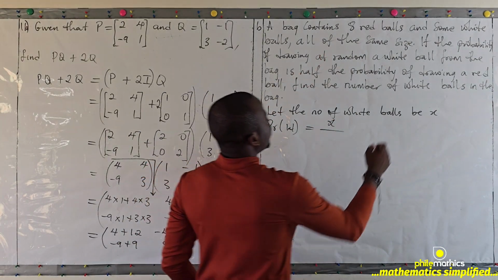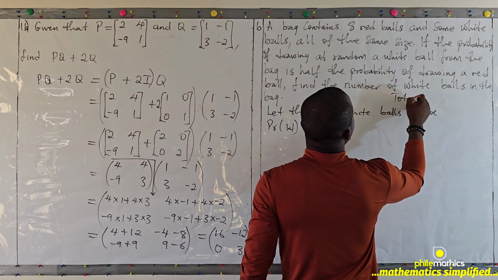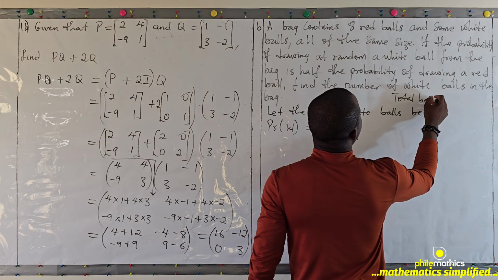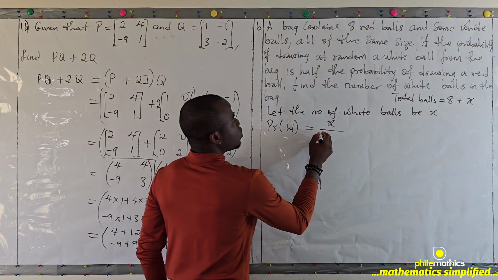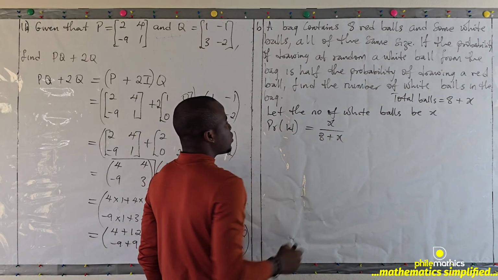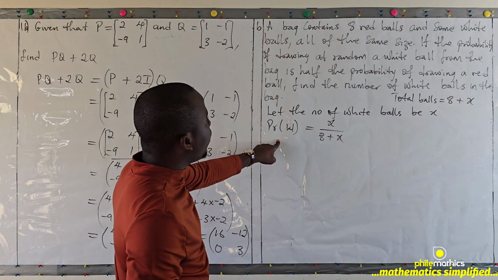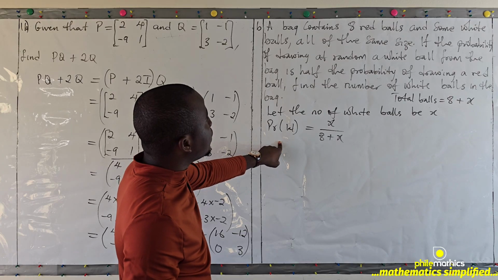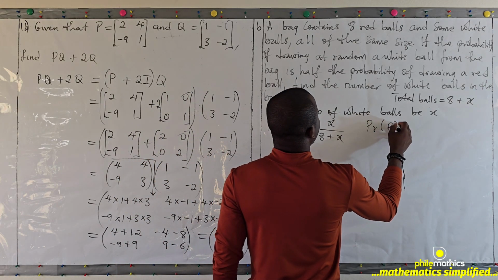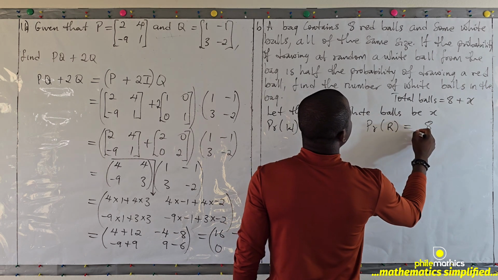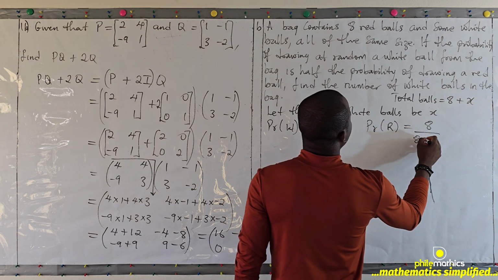So total balls will be 8 red plus x white, so 8 plus x. Probability of drawing a red ball is simply 8 over 8 plus x.